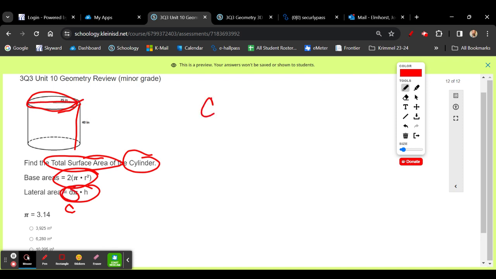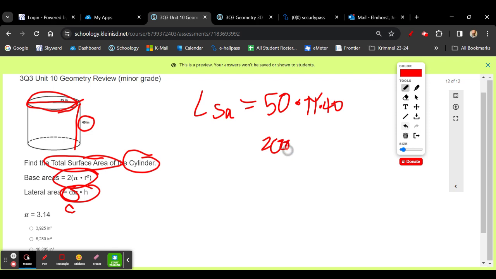So let's do lateral surface area is going to be diameter times pi times the height. So that's going to be 2,000 times pi. Put that on hold for right now.